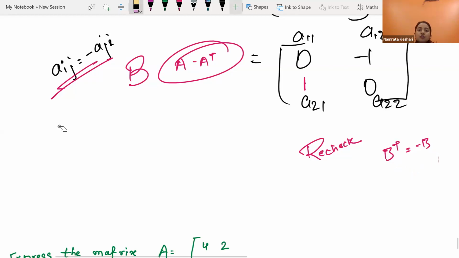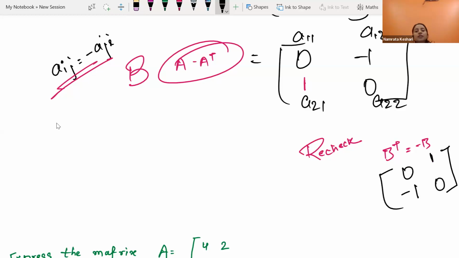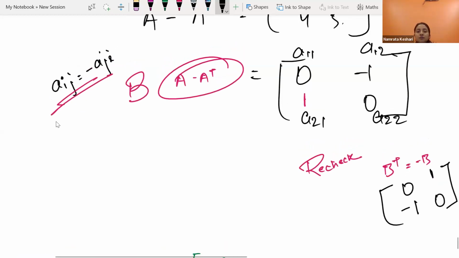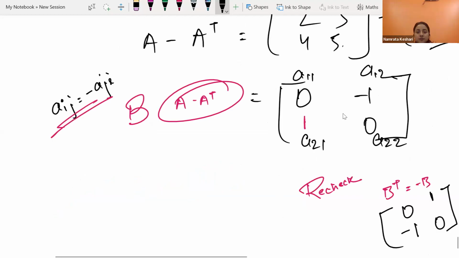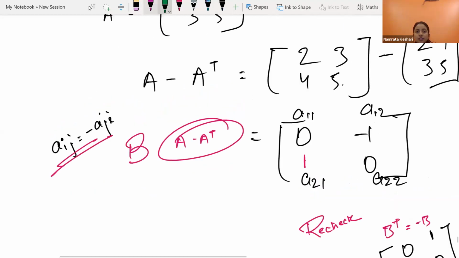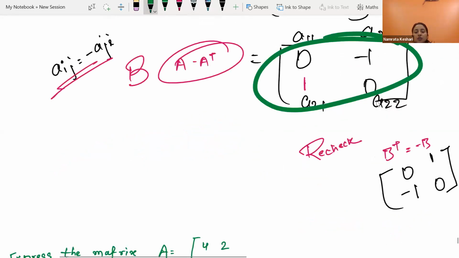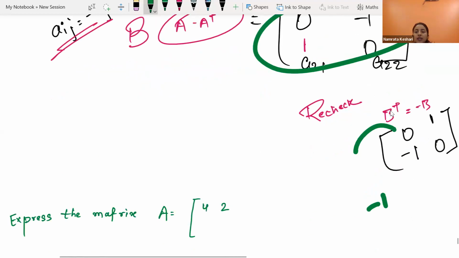Let's find B transpose from here: 0, minus 1, 1, 0. Originally this is our B, where we have 0, minus 1, 1, 0. If you take the minus out, we get 0, minus 1, 1, 0, which is B.